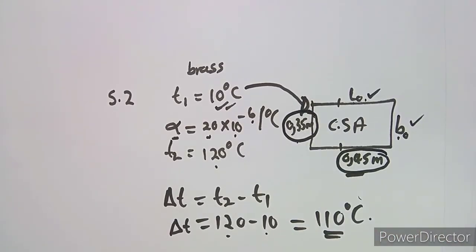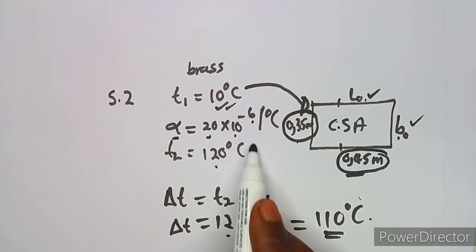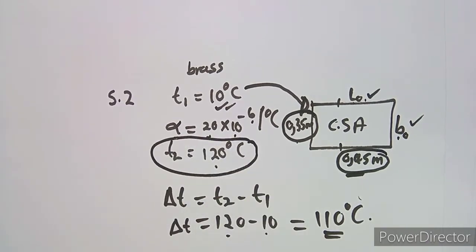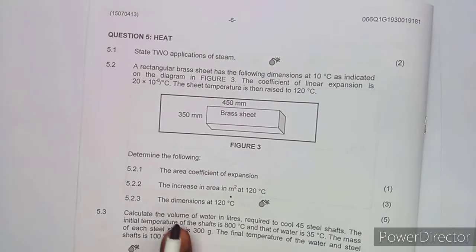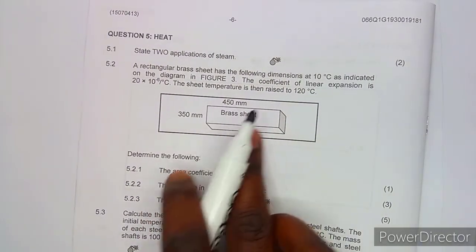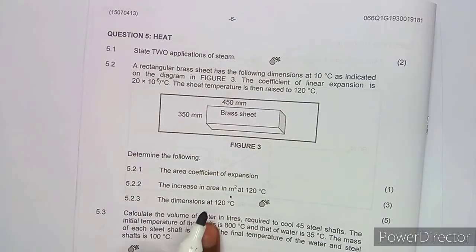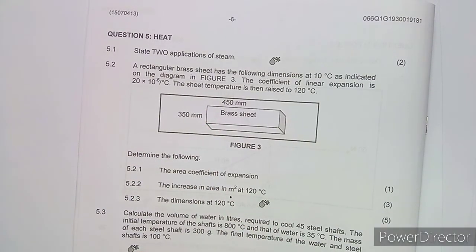So what is going to be the length at 120 degrees Celsius? This is what the question is saying. What are the dimensions? What is going to be the length? What is going to be the breadth at 120 degrees Celsius?